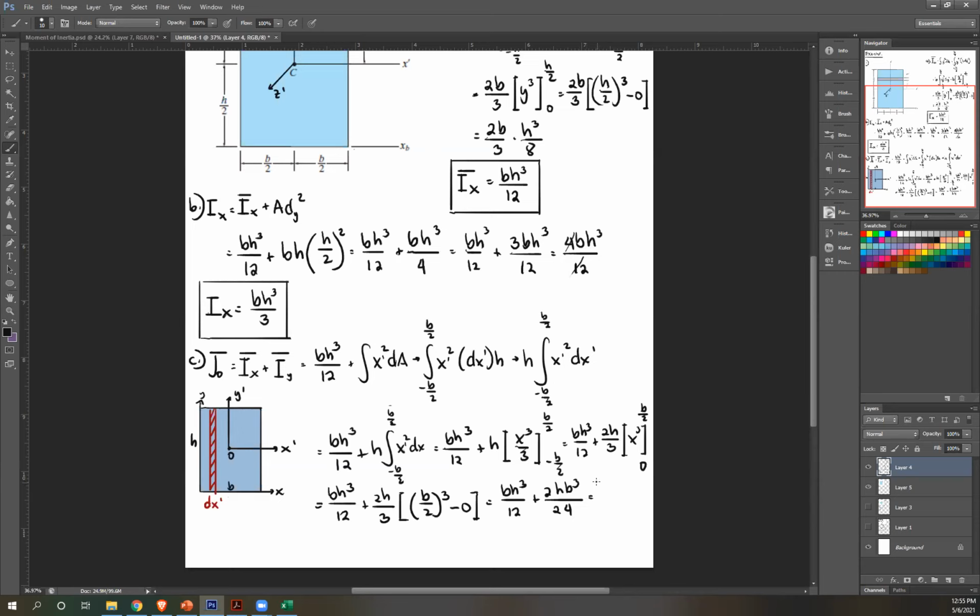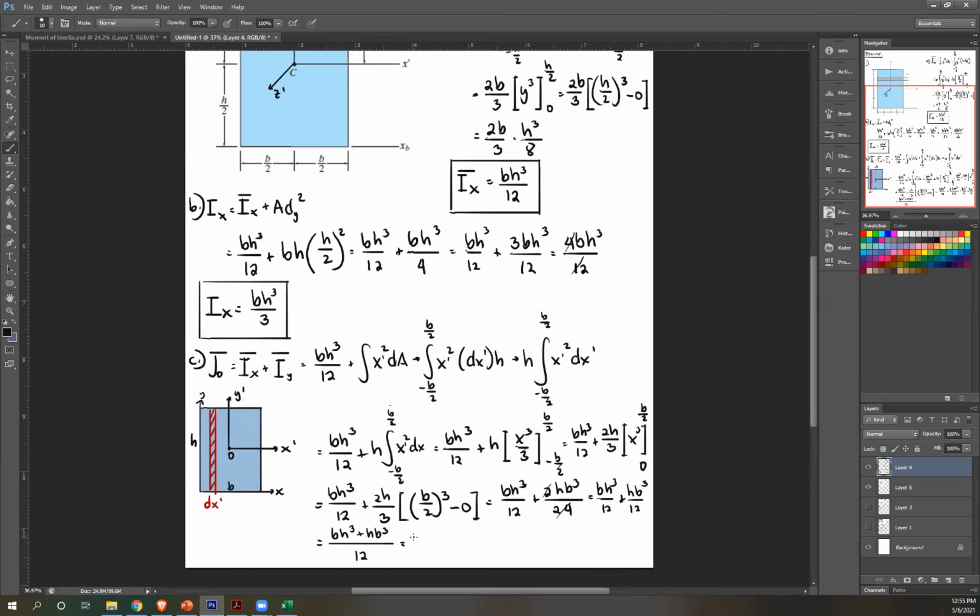And this simplifies to bh cubed over 12 plus, okay, simplifying this, it's hb cubed over 12. Then simplifying further, okay, so that's bh cubed plus hb cubed over 12.